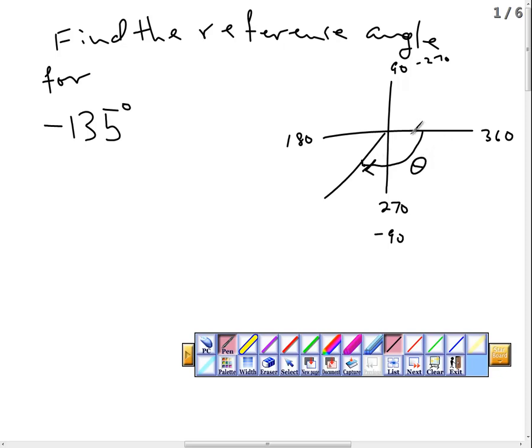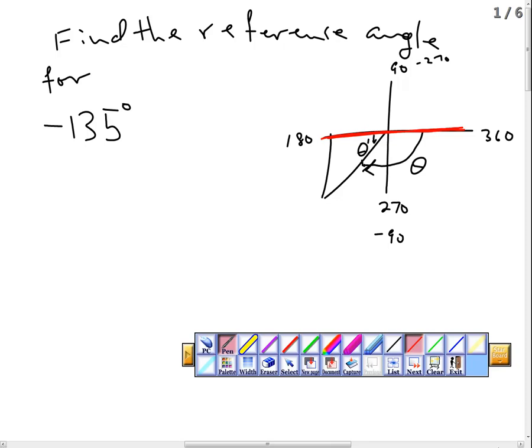Well, this is theta, but we want the reference angle. Okay, so what do we do? Harley? We want this angle here. So we're always going to have this in reference to what? The x-axis. Good.